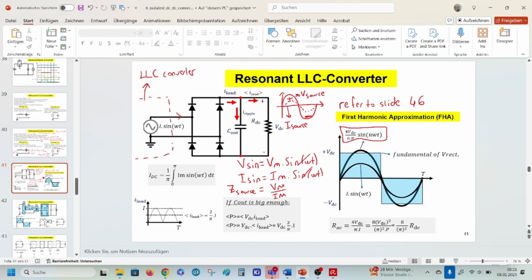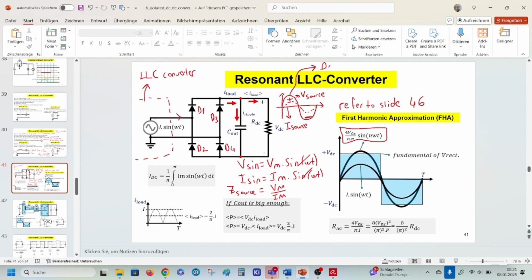In the case of the plus half wave, diodes D1, D2, D3, and D4: during this period D1 conducts and the current will flow over this diode and turn back.